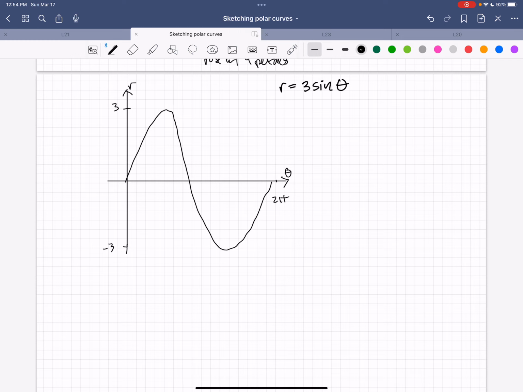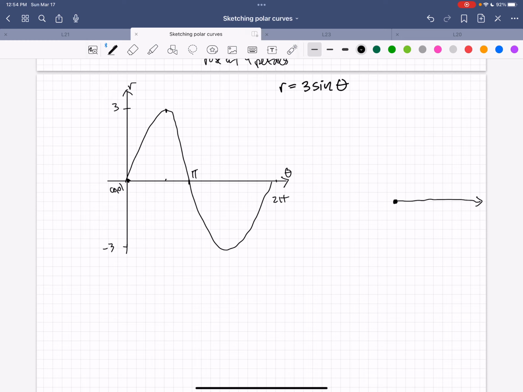So something like that. Go through here at pi. And let's get ourselves some points. This is our polar axis. Okay, so here we've got 0, 0. So that's why I've got this one here.